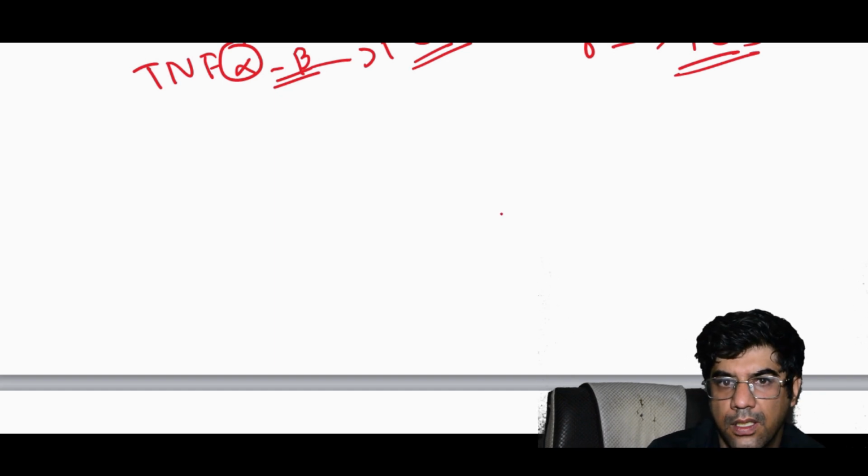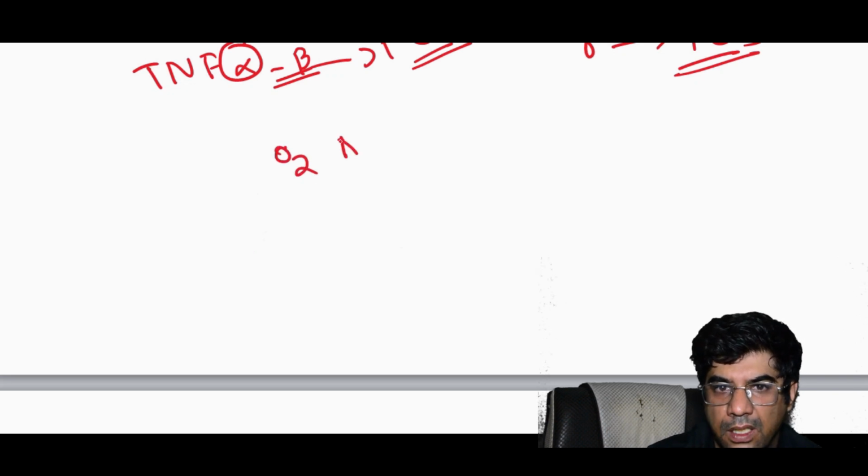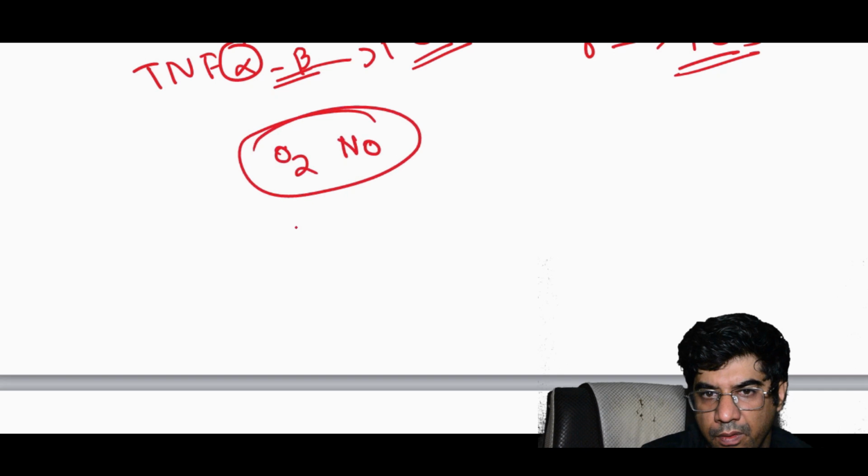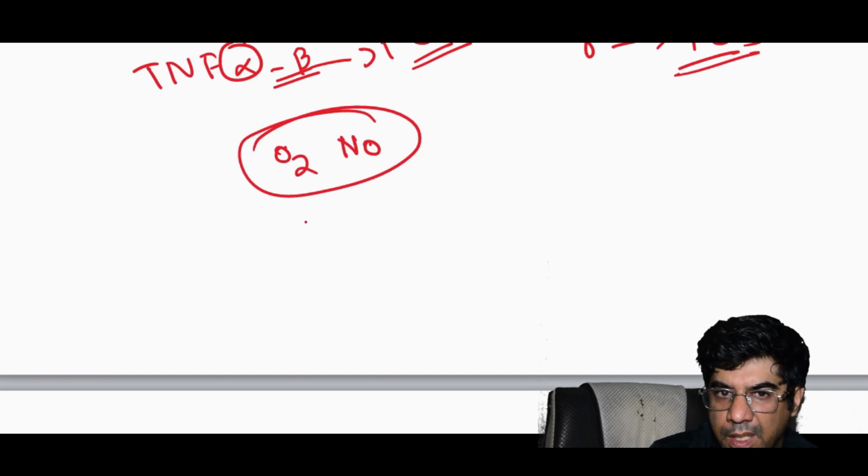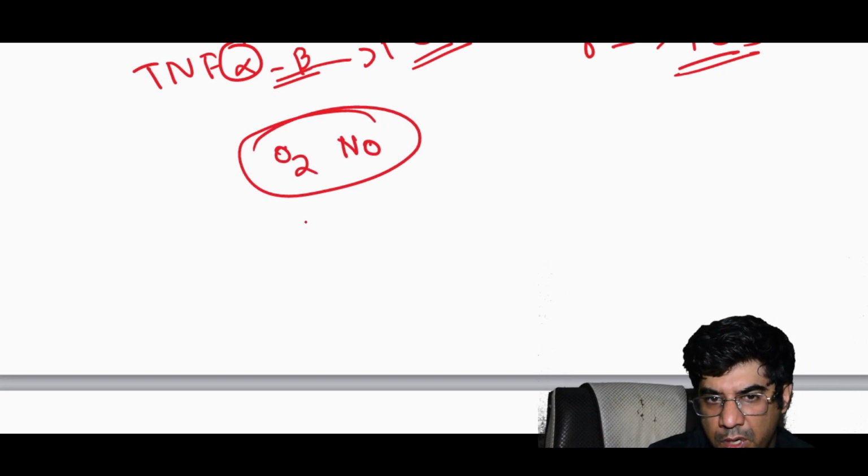Other are the free radicals, that is oxygen metabolites and nitric oxide. We already discussed them. So what is the action of them? They increase vascular permeability and lead to tissue matrix damage.